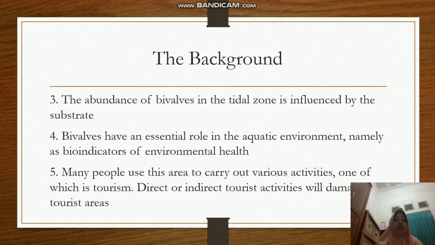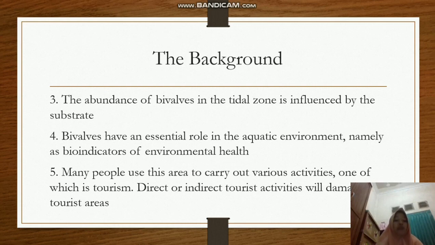Next, the abundance of bivalves in the tidal zone is influenced by the substrate. The substrate acts as a habitat, a place to find food, shelter, and reproduce. Substrate damage will reduce the amount and even eliminate some bivalves. Based on the environment or substrate condition, the tidal zone is divided into rocky, sandy, and muddy substrates.